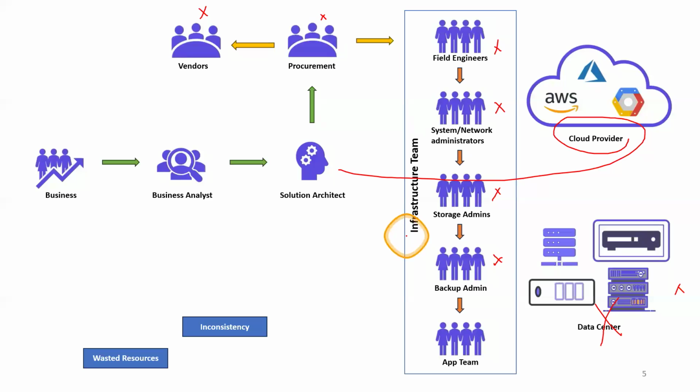The next thing is consistency. Because human error is not there, it may not result in inconsistency in the environment, so that is also lesser. And in the cloud platforms, you can create the resources and scale them up and down as per the requirement. You don't have to spin up all the resources, or too few resources. How much you need, you can utilize, and whatever computational resources you are utilizing, you only pay for that.